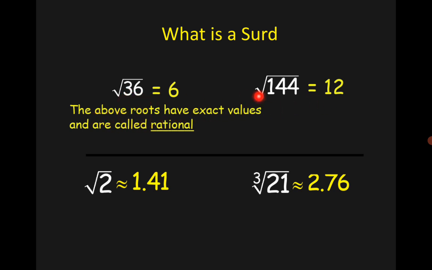These roots are rational. Numbers whose square root can be found exactly without decimals are called rational numbers. Root of 36 and root of 144 are rational numbers.